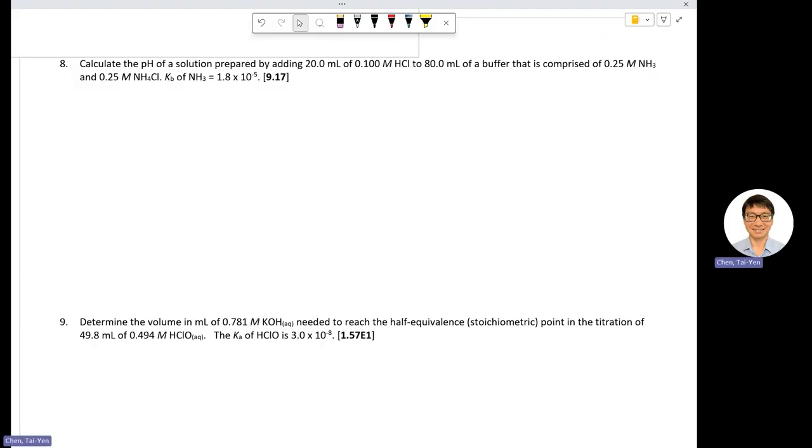So what kind of solution do you have? A buffer, right? So how do we calculate pH? HH equation, yes. pH equals pKa minus log HA over A minus.